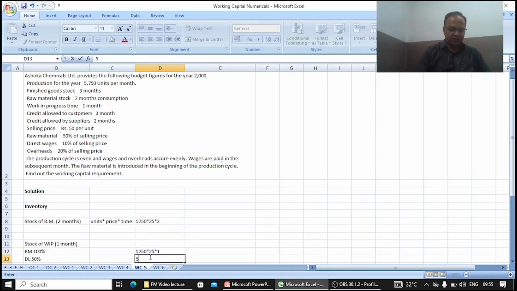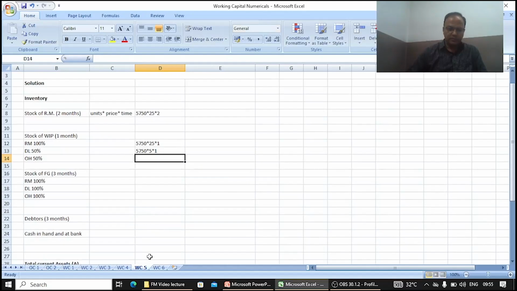Again 5750 into price, 10% of 50, it will be 5, into 1 month.